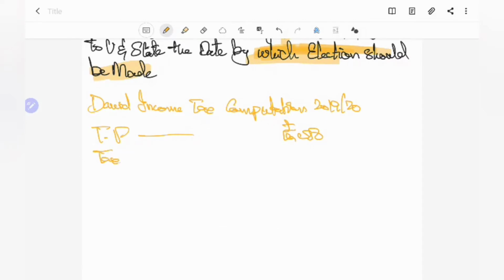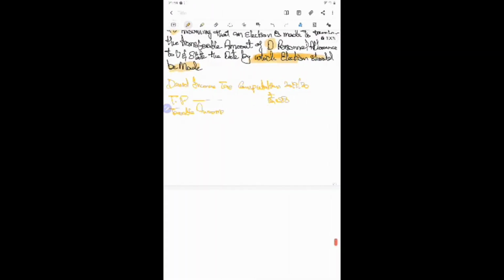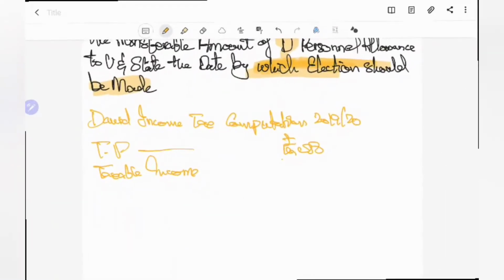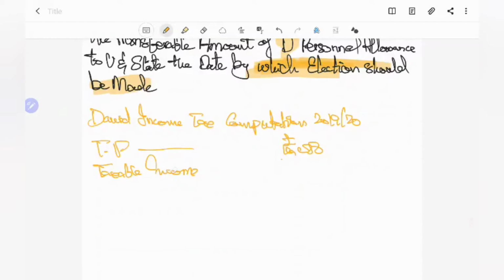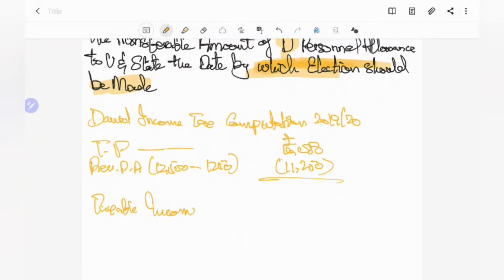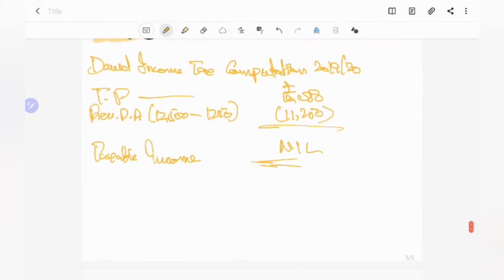Revised personal allowance, how much is that? 12,500 minus 1,250, that's 11,250, right? So taxable income is nil over here.